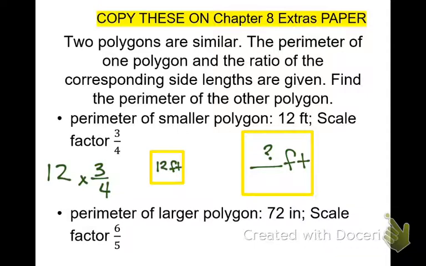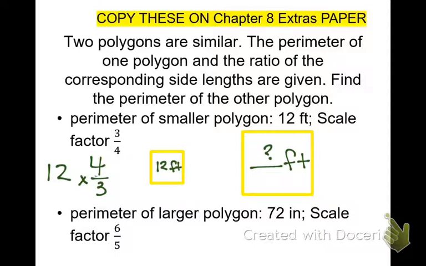Smaller. What do I want it to get? Bigger. Okay, so what do I need to do to 3/4? I need to flip it. Basically, they gave us a scale factor from the larger to the smaller. Okay? We want to find from the smaller to the larger. So we're going to multiply 12 times 4/3.